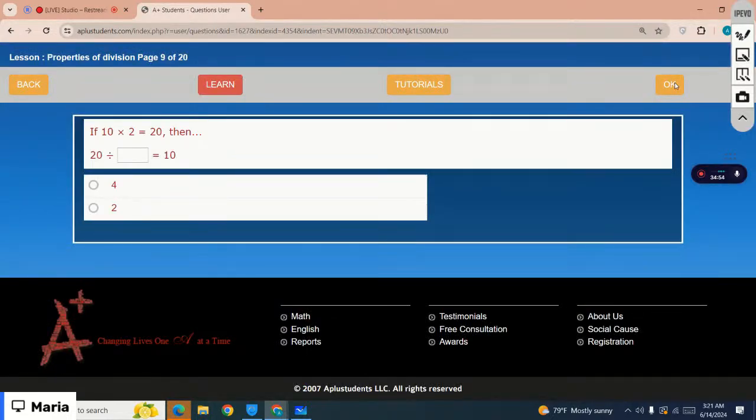If 10 times 2 equals 20, then 20 divided by what number equals 10, which is the correct option?